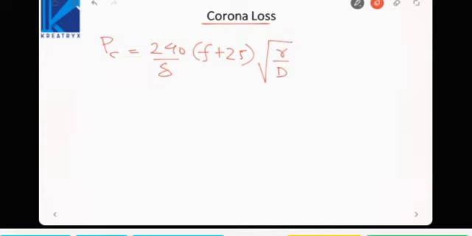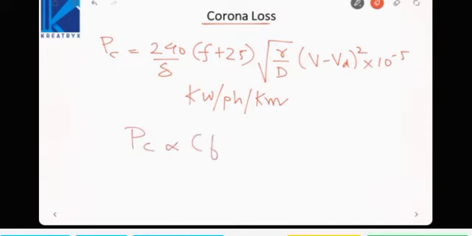D is the distance between the two conductors, r is the radius. That will be your corona loss in case of an overhead transmission line. Here you need to remember that corona loss is always proportional to f plus 25. As the frequency increases, corona loss will increase.